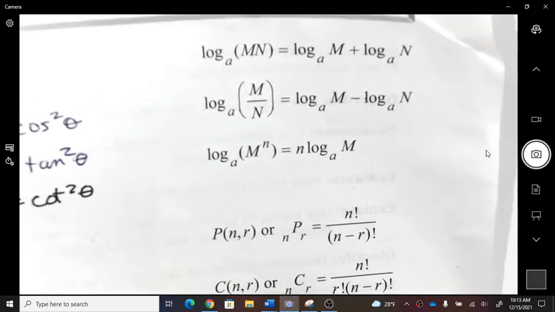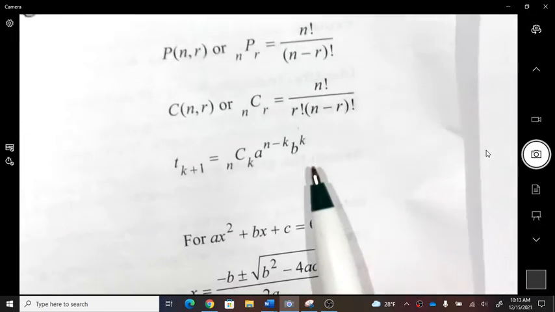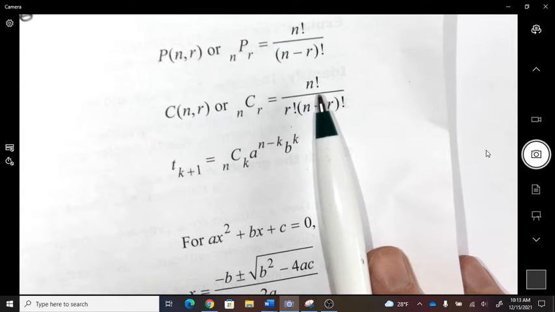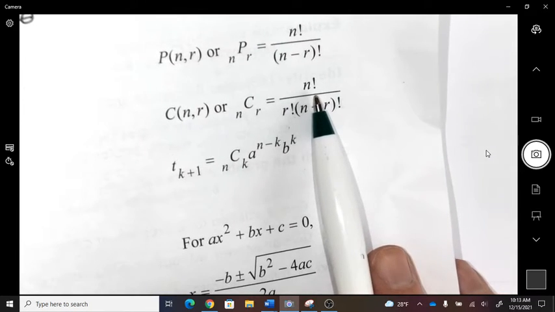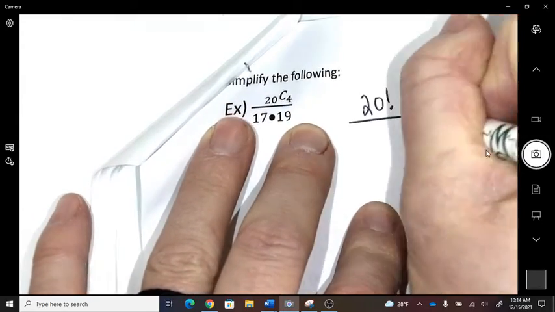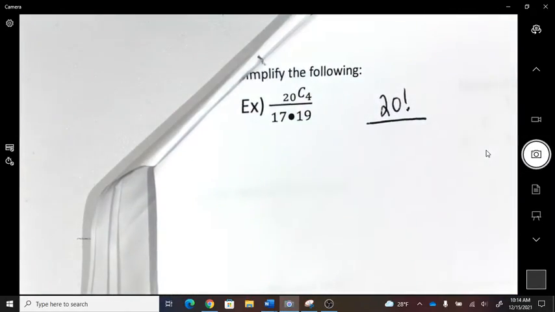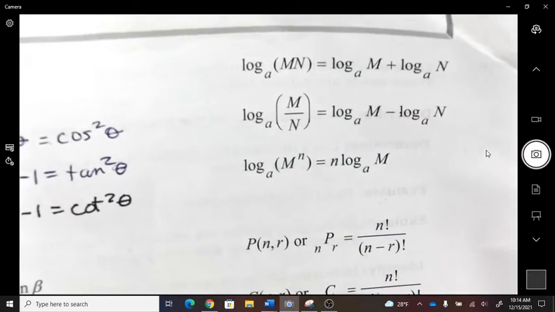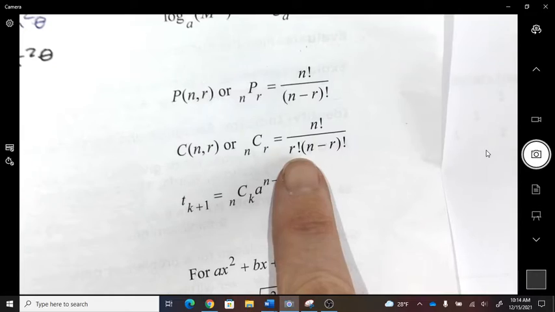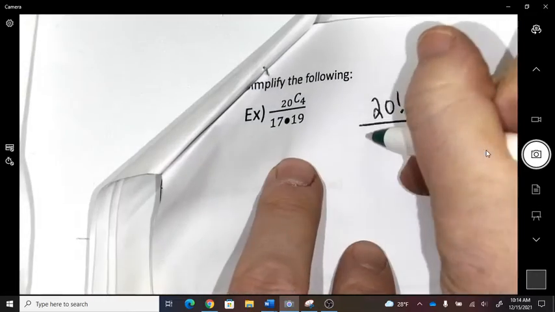Okay, so on my formula sheet, I'm going to look at this formula right here. So the top number is n factorial. So this is going to be 20 factorial divided by r factorial. So that'll be the 4 factorial.